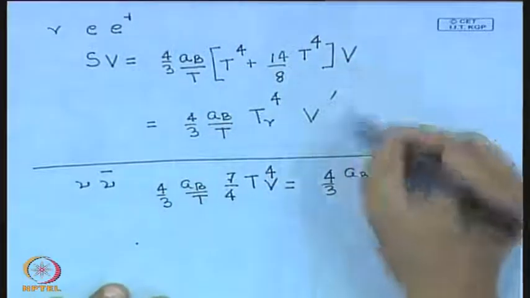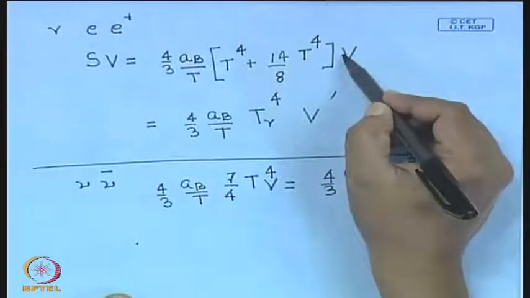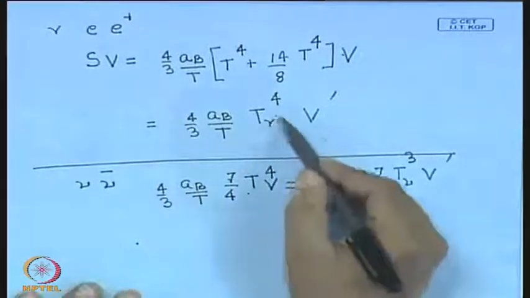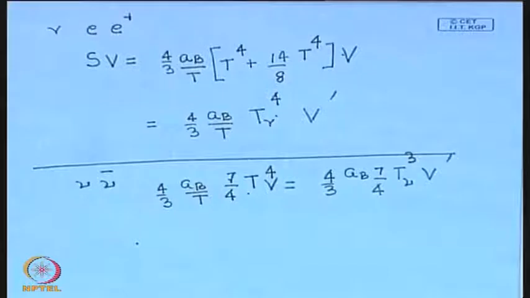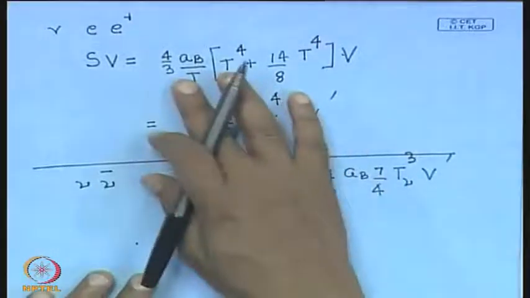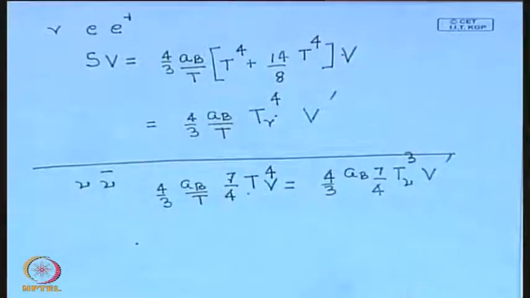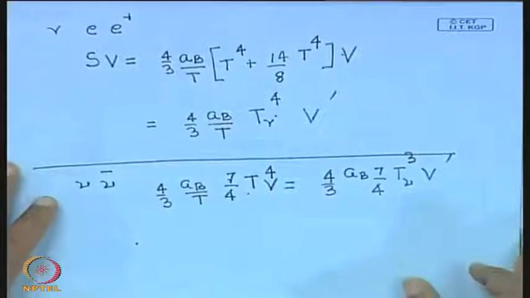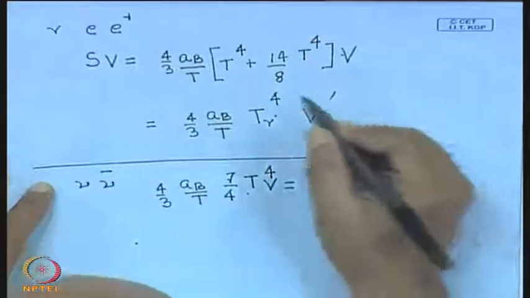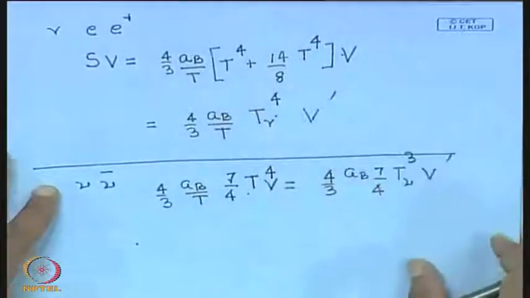So we have these two relations, before annihilation and after annihilation. From this we can straight away eliminate these things, and what do we get? Let us look at the left hand side of this equation.